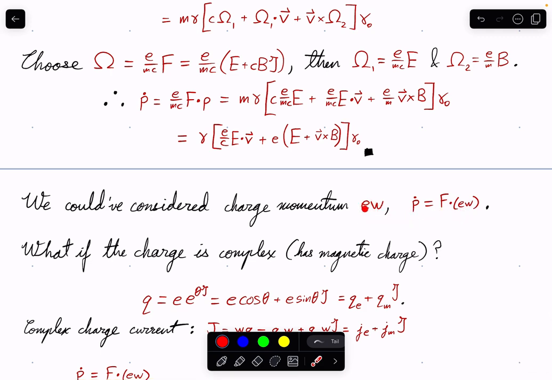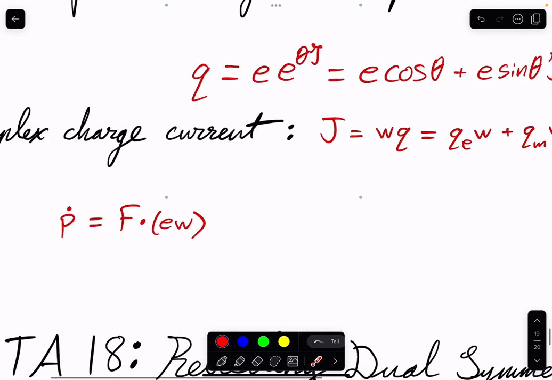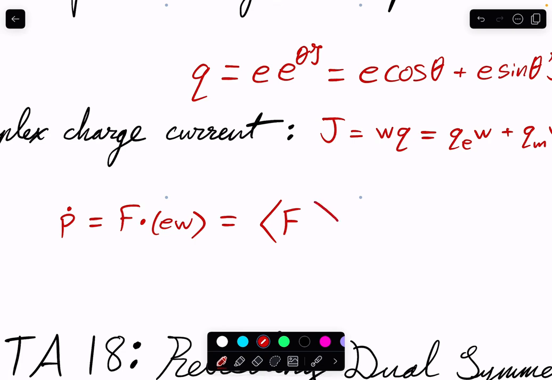If we consider just charge momentum with only electric charge, this is what the force would have been. But the motivation here is that the dot product between a bivector and a vector is the same as taking the product between them and projecting it onto the first grade components, because we need a vector returned.